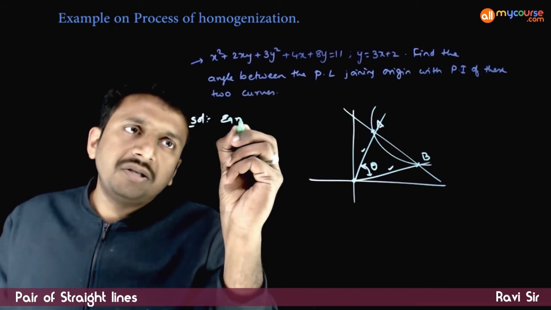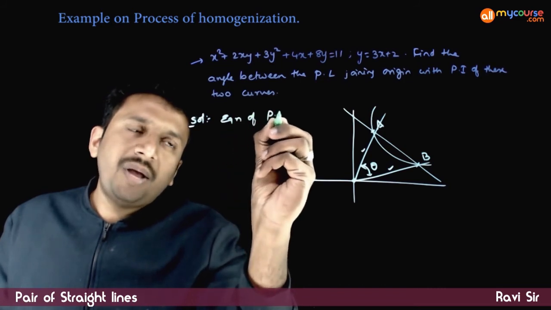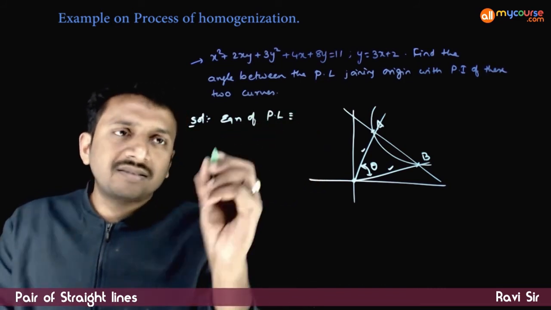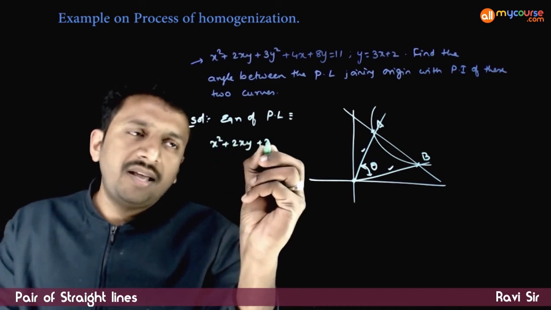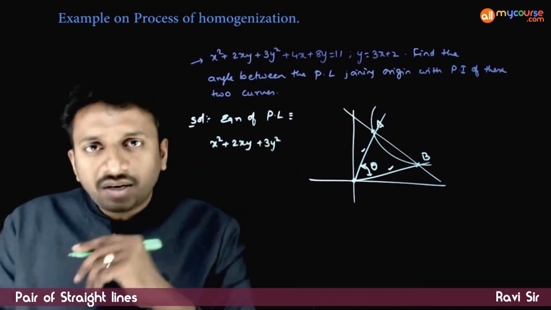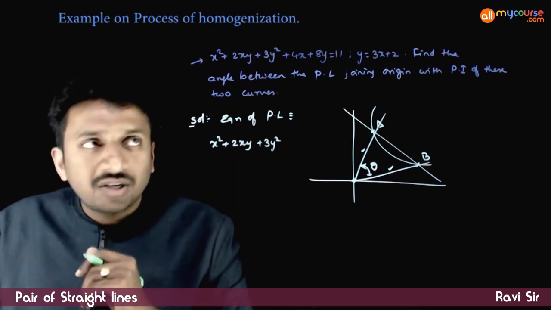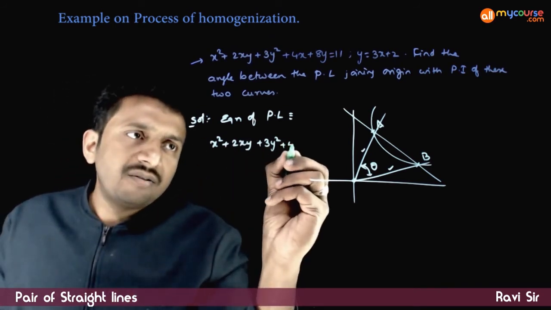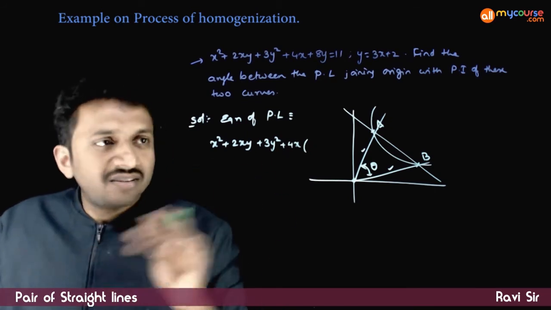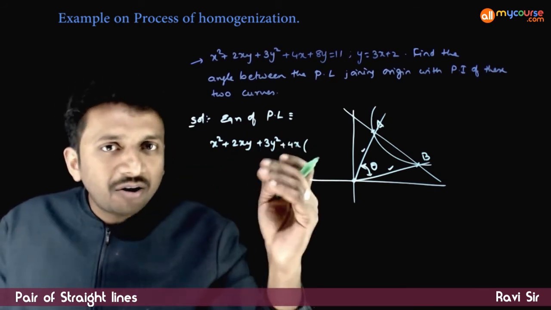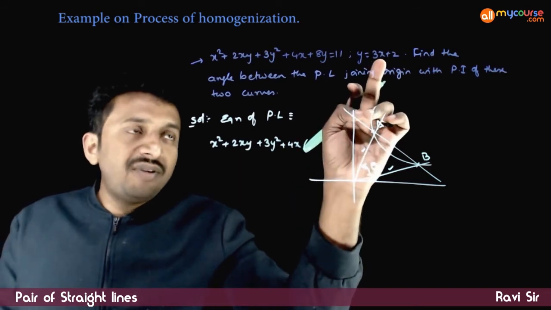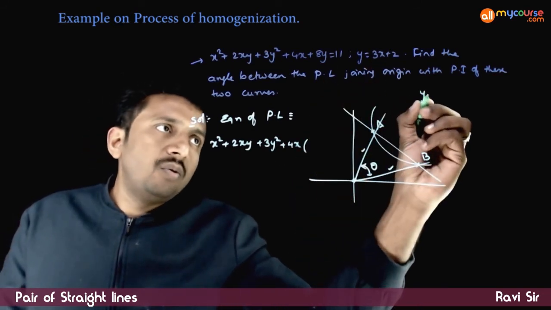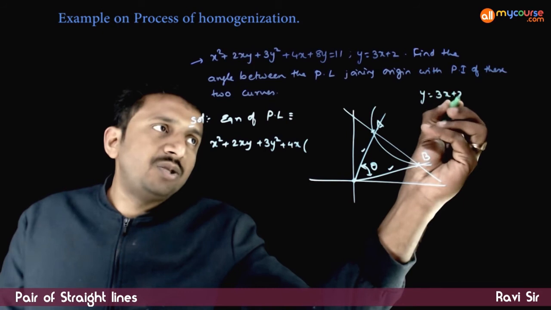So the equation of the pair of lines is x square plus 2xy plus 3y square. The quadratic terms do not change, plus 4x times, this is a linear term, so we have to make this into a quadratic term. So 4x times, carefully observe this equation, y is equal to 3x plus 2.